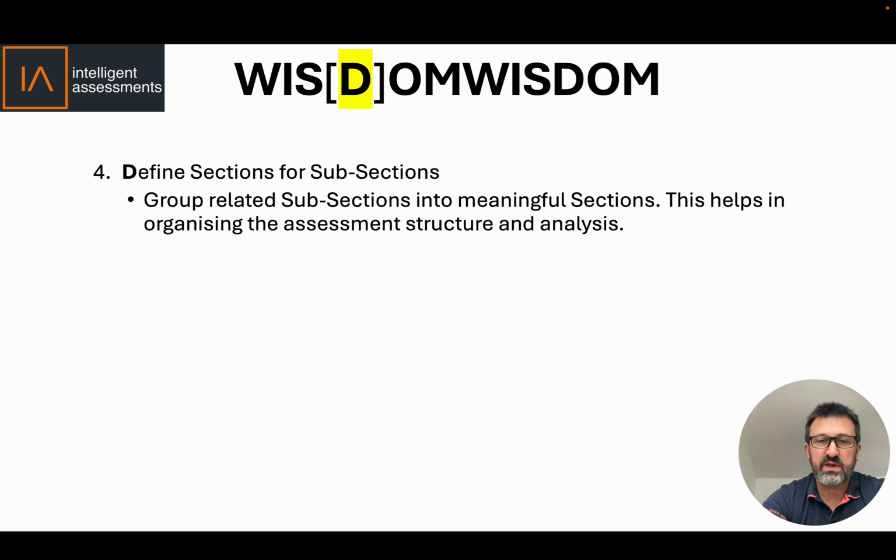In stage 4, we look at all the subsections and we start grouping them up. You may naturally have 3 groups of the subsections that will then become your sections, or it can be more than that.